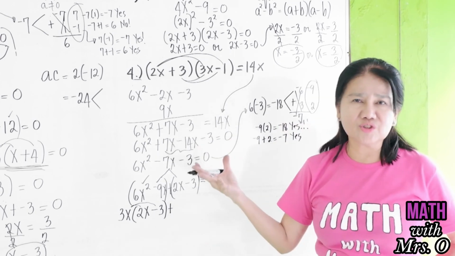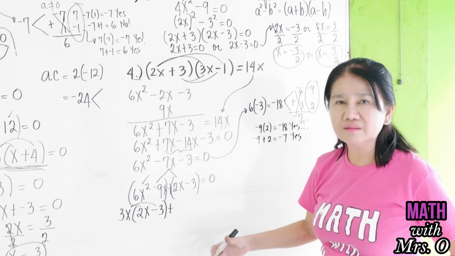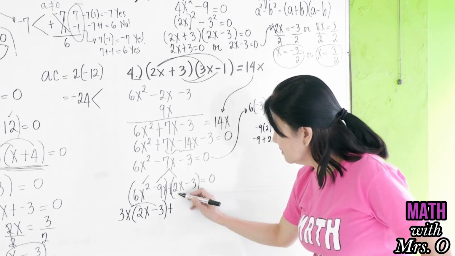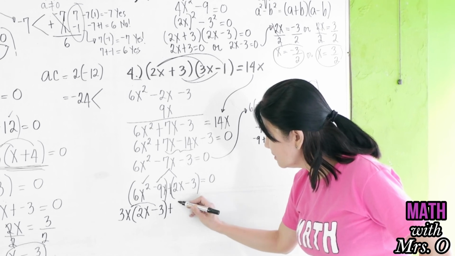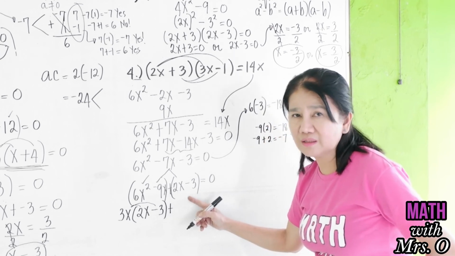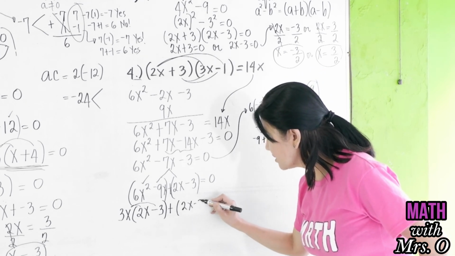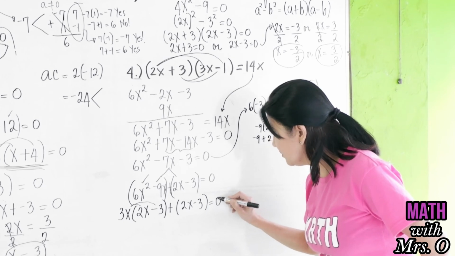It is better that you check to make sure that you don't get it wrong. What about 2x minus 3? Is there a common factor? Yes, but it is 1. So we just copy it down here. 2x minus 3 equals 0.